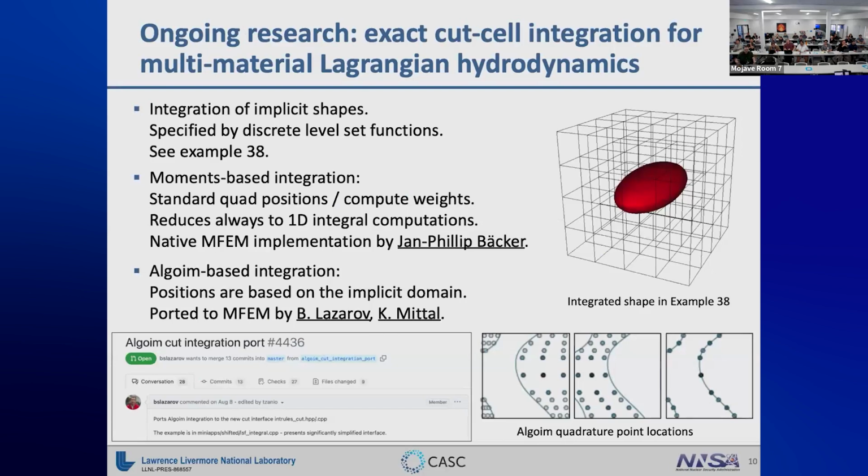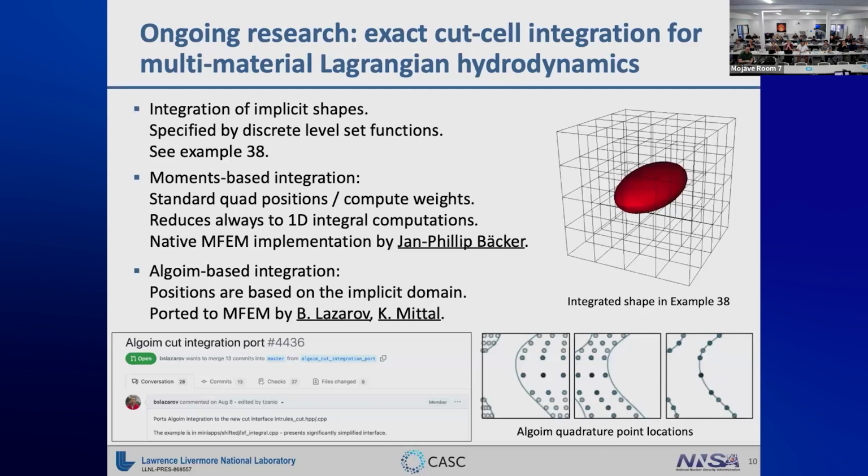There are two approaches in MFEM currently. The first one was implemented by Jean-Philippe, who spent the summer here. He's a PhD student in Dortmund. It's moment-based. The idea is that you use the same quadrature rule, so even though you have some cut, you put the same quadrature points, same positions, and then there is a linear solve to fit basis functions to integrate them exactly, and that gives you the weights.